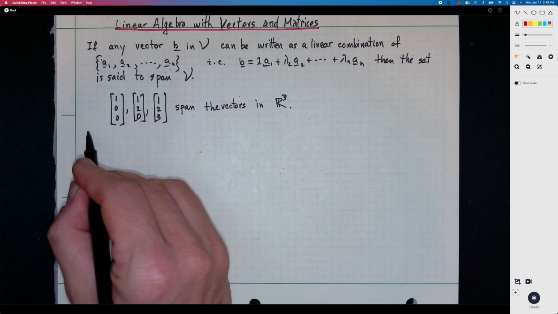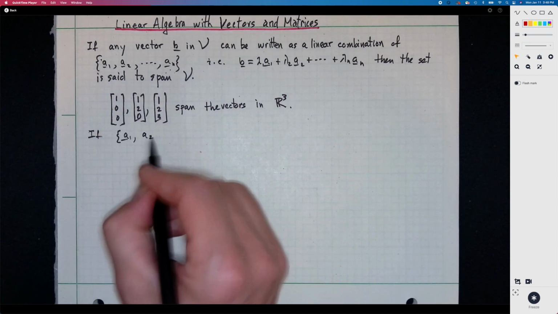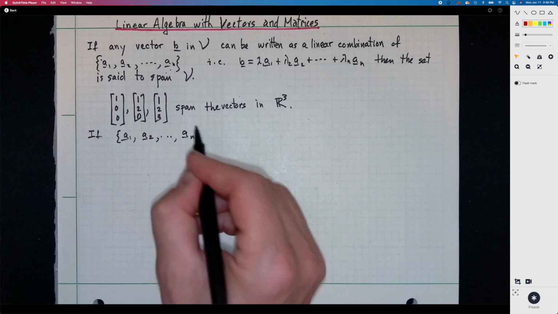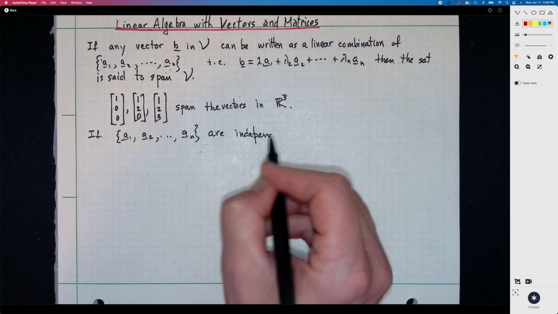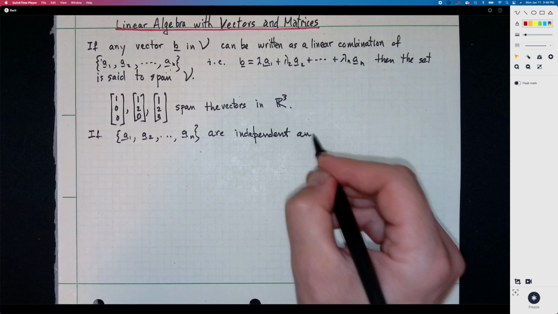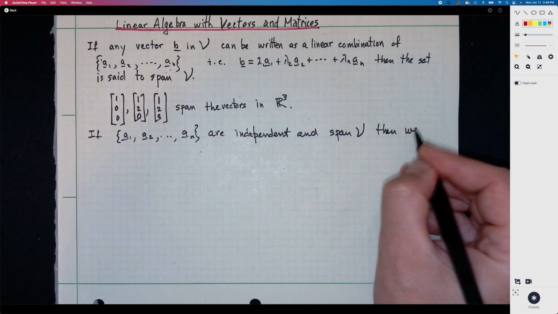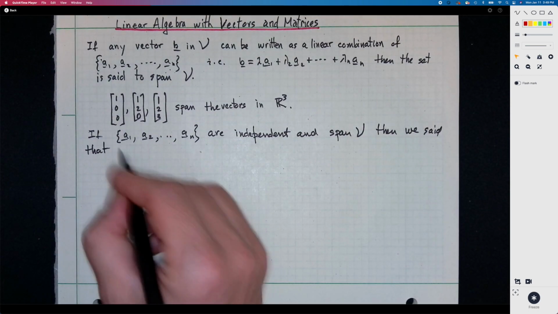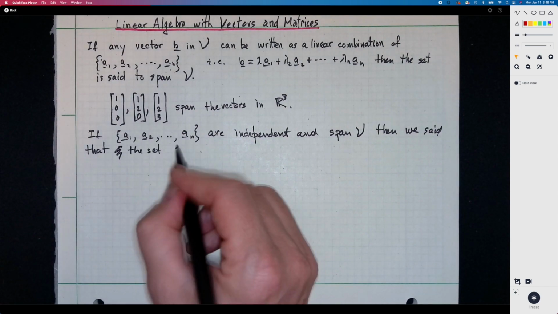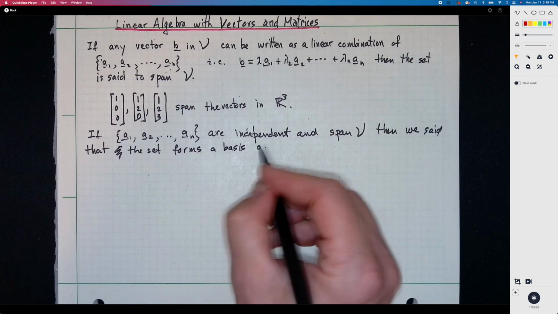And in addition, if A1, A2 up to AM are independent and span V, then we say that the set forms a basis of R3.